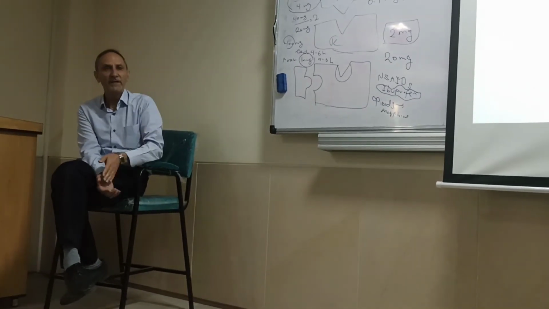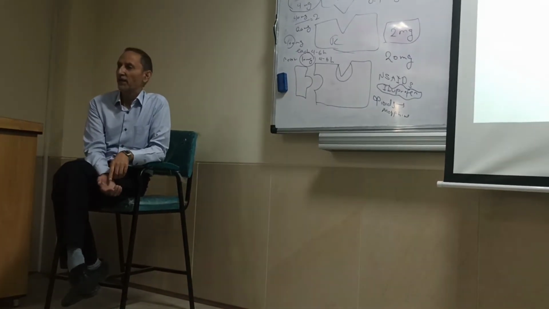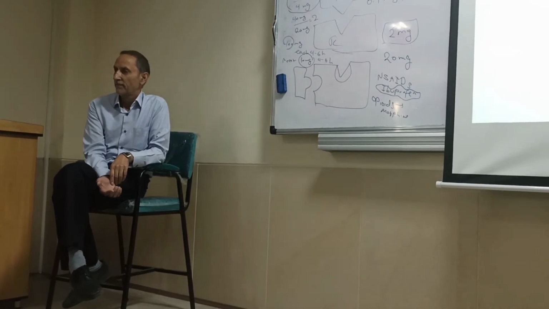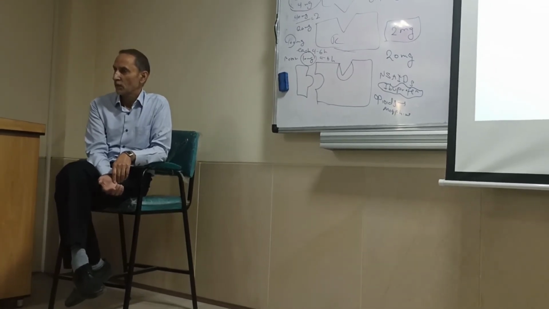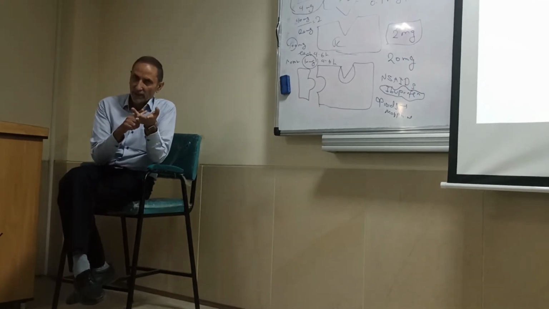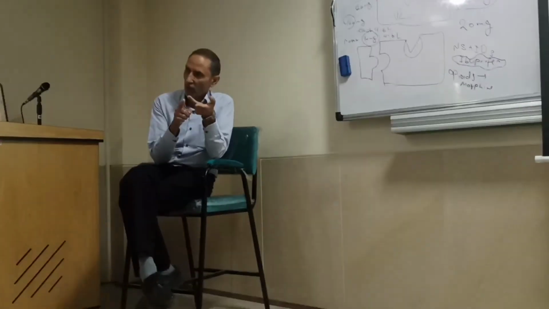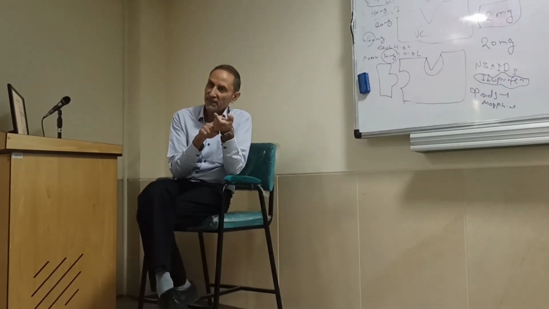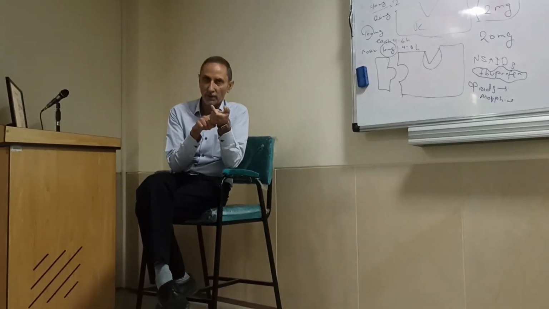And for glutamate, we have calcium ion channels. So here we have 3 examples. Nicotinic receptors, sodium channel. GABA receptors, chloride channel. And glutamate receptors, calcium channel.